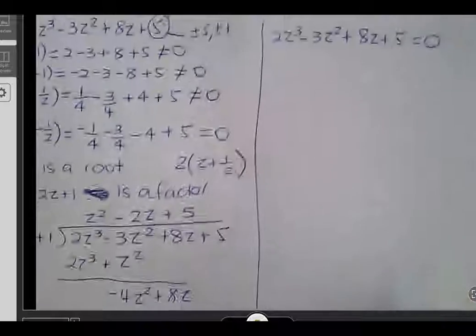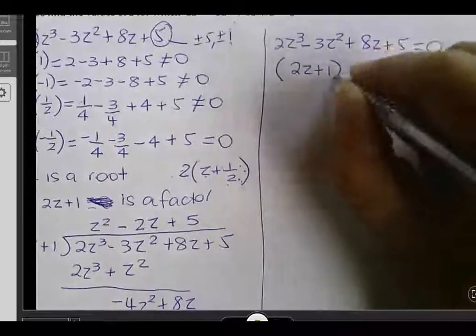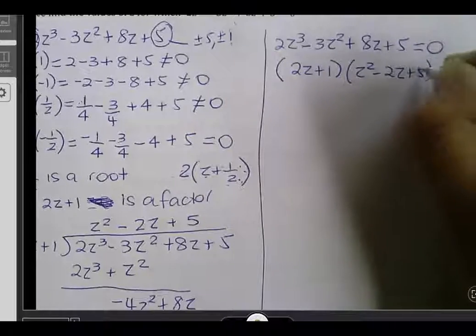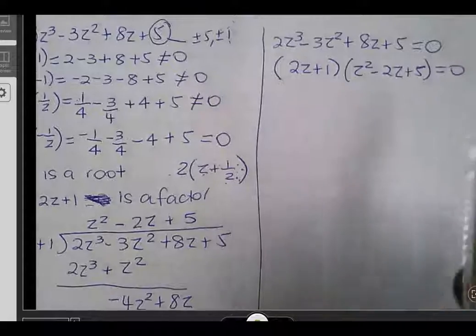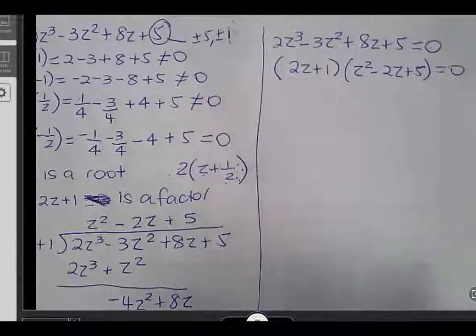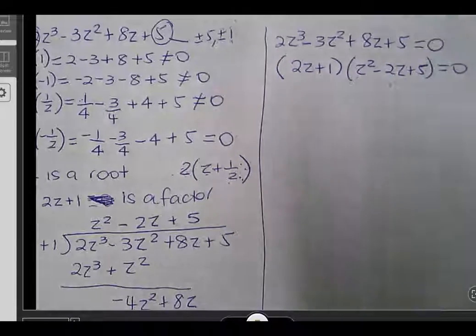So now, that's my polynomial, I can say that it's the same as 2z plus 1 times z squared minus 2z plus 5 equals 0. Now, there is no way that factors of 5 are going to add up to negative 2. So we have to use the quadratic formula to solve the quadratic bit.